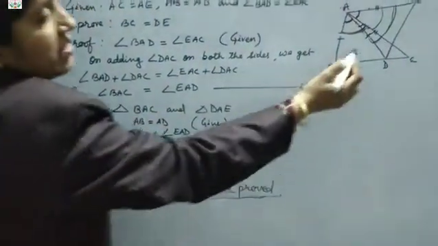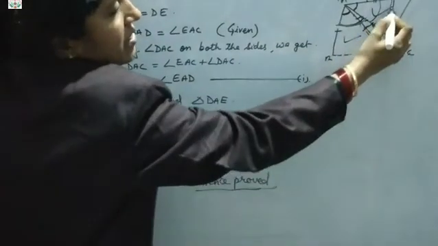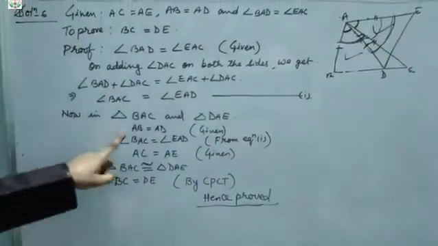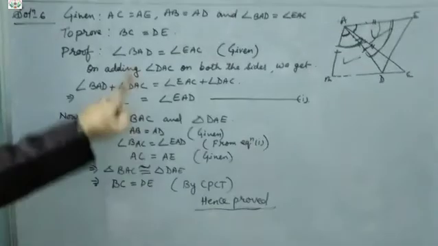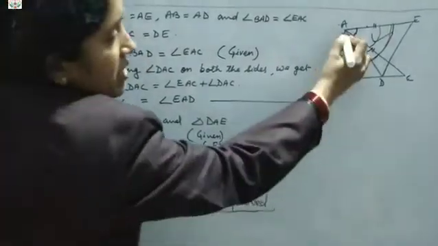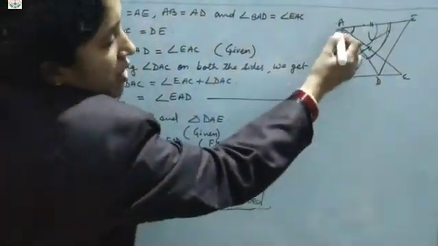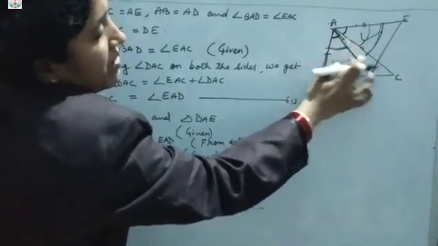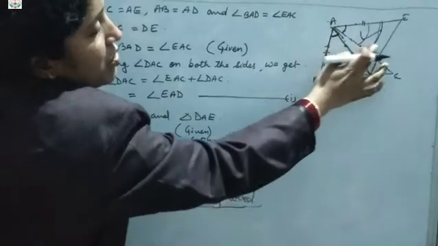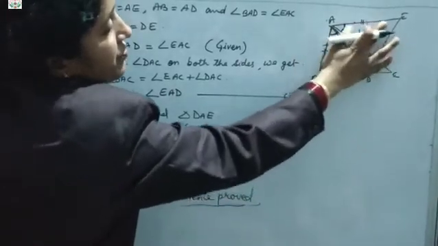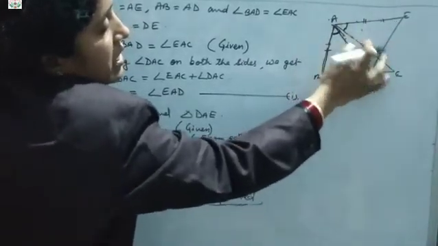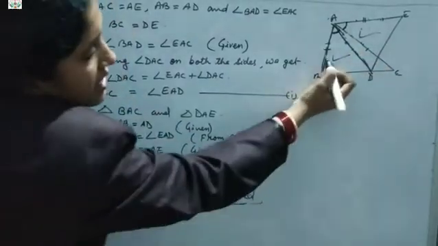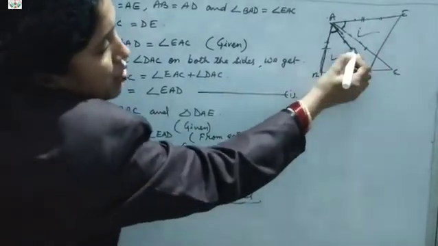Now in these two triangles, this triangle and in this triangle, what is common? AB equals to AD. It is given AB equals to AD. This part is given. This all small lines I will delete or I will remove it so that easily you can understand. Okay. Now between these two triangles, it is given that this is equals to this.